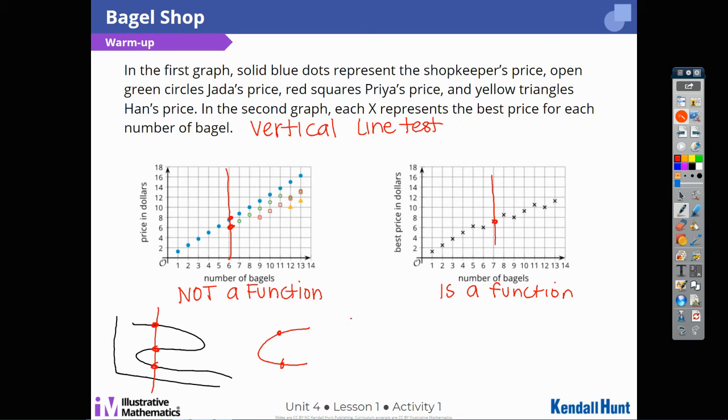If you have an exponential function, it goes up. It's only going to pass it 1 time, so it is a function. A quadratic function will only touch the line 1 time, so it would be a function. And a vertical line does not pass the vertical line test, so it will not be a function.